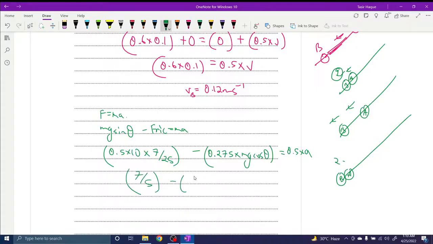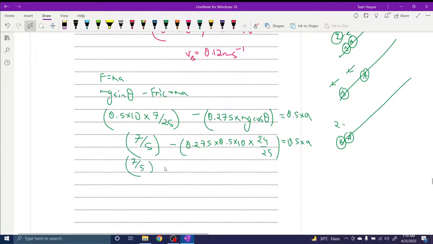So 7 by 5 minus 0.275 into 0.5 into 10 into what was cos theta again? 24 by 25, right? Yeah, is equal to 0.5 into a. Let's just find out a directly. Okay, I'll just do this for you guys. 7 by 5 minus 33 by 25. So we're getting a value of a equal to 0.16 meter per second squared. This is the acceleration of B.